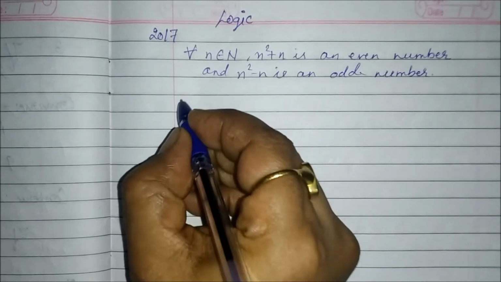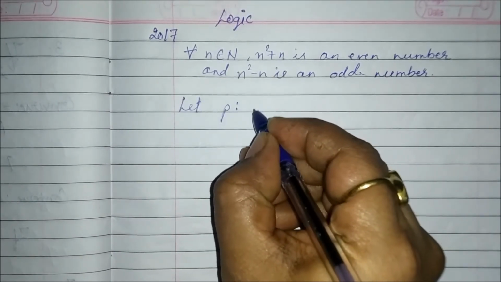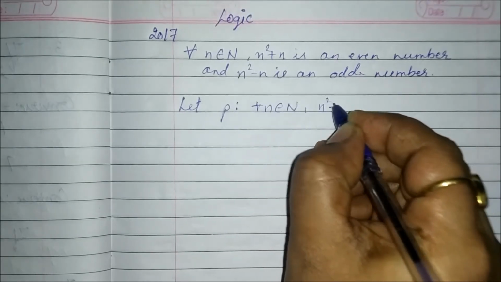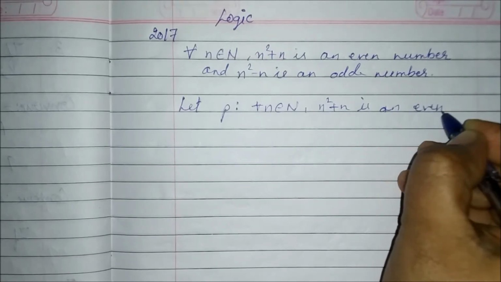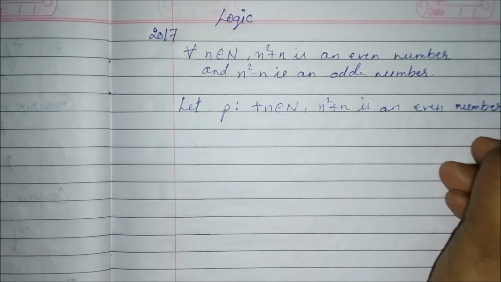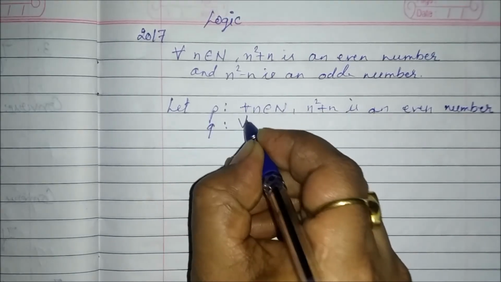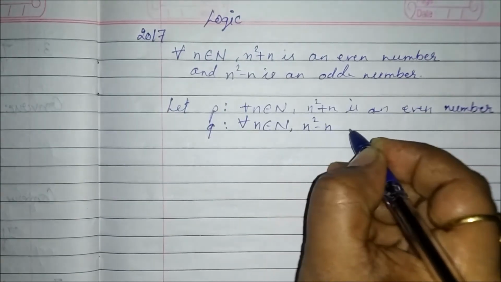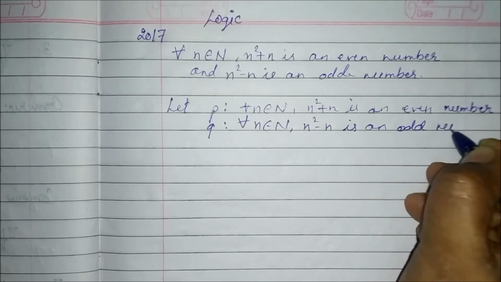So now let P be, for every n belongs to N, n square plus n is an even number, and Q be, for every n belongs to N, n square minus n is an odd number.